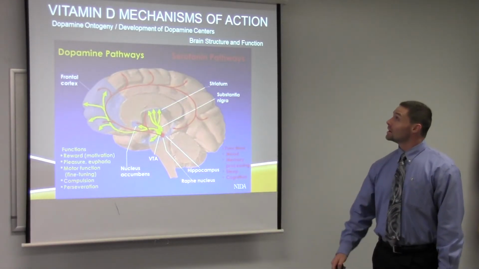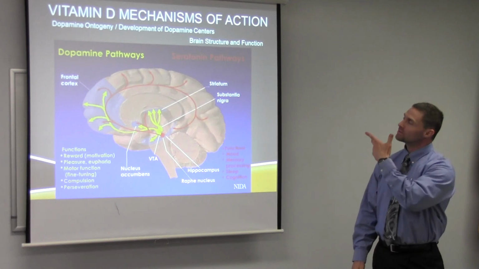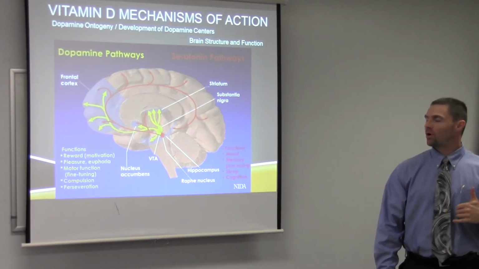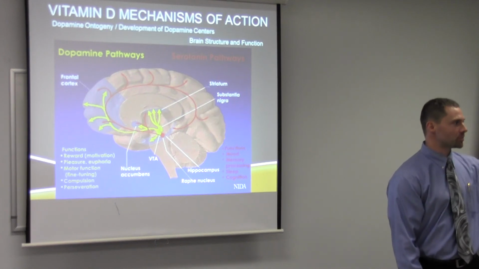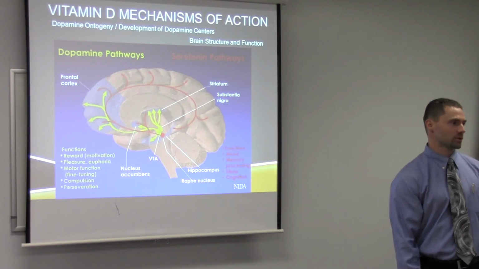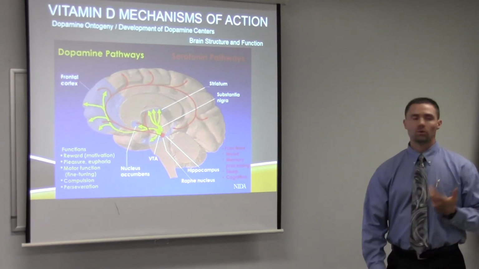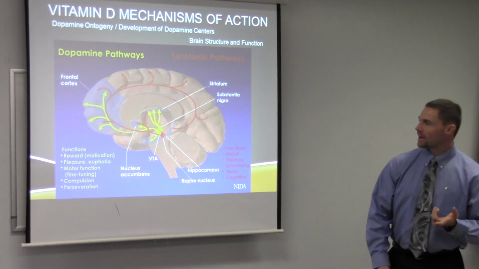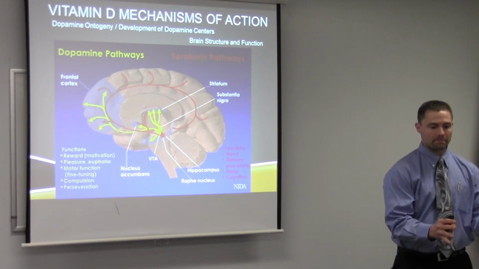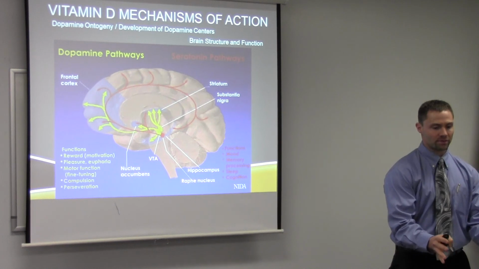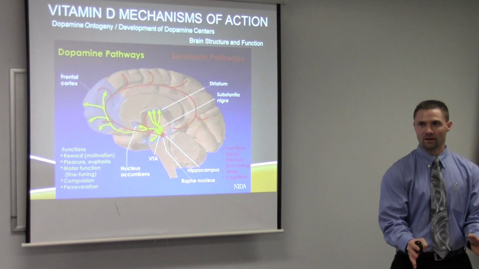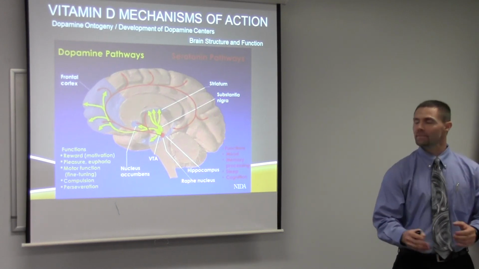And then this dopamine. What this is saying is that vitamin D is responsible in part for how the dopamine regions in the brain function, how they develop is really what we're talking about here. Now, what does dopamine do? Again, think about the autistic child and when things aren't ideal for them and them getting upset or agitated, right?